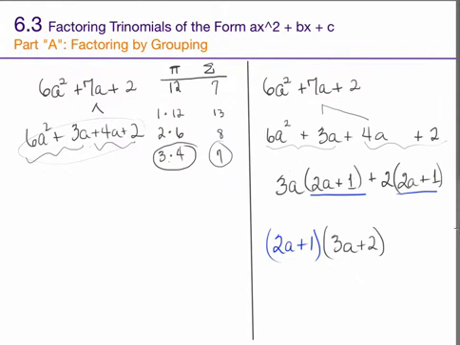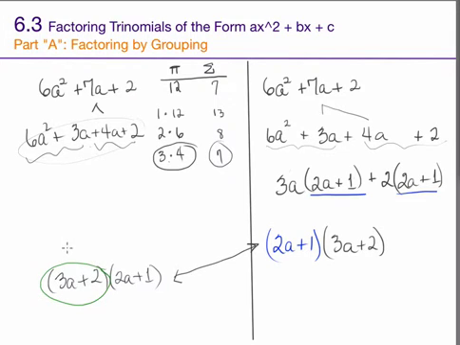One more observation before I go on. Your textbook gave 3a plus 2 times 2a plus 1 as the answer. And I'm often asked, are these the same? Well, they are, because really all I'm saying is take this thing here, let's call it a, and multiply it by this thing here.